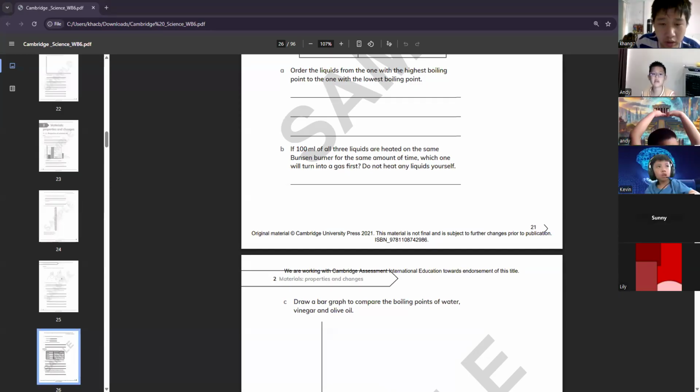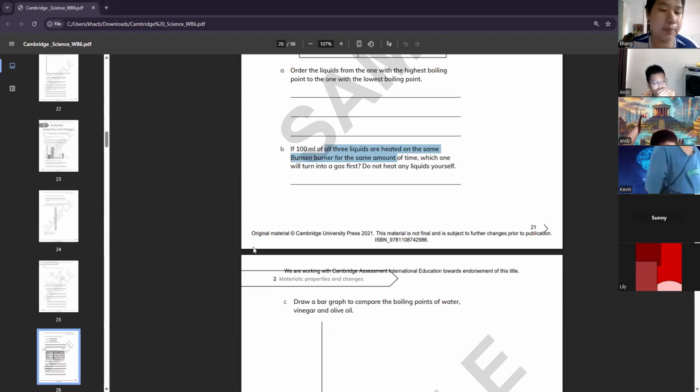The 100 degrees Celsius of the water is the lowest, and the lowest means it boils faster, so it will evaporate faster as well. All right. So water is going to be the first one simply because it has the lowest boiling point. Simple as that. You don't need to explain anymore.